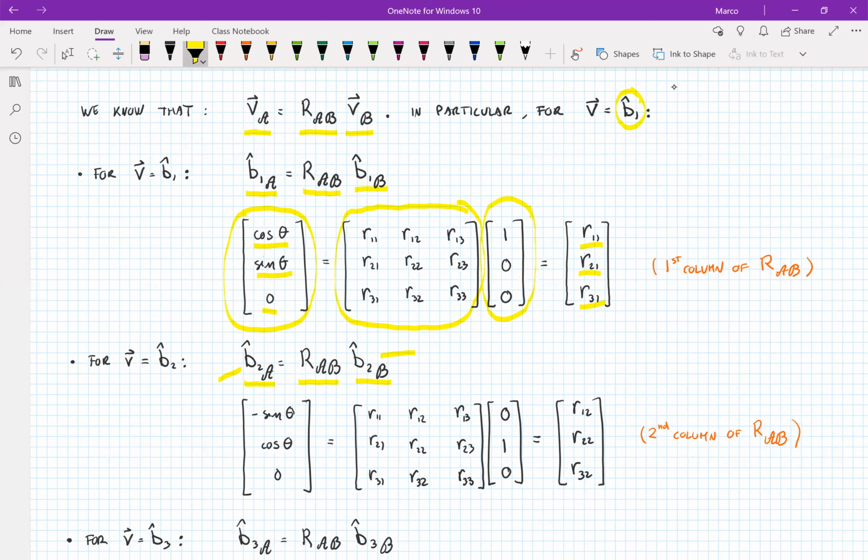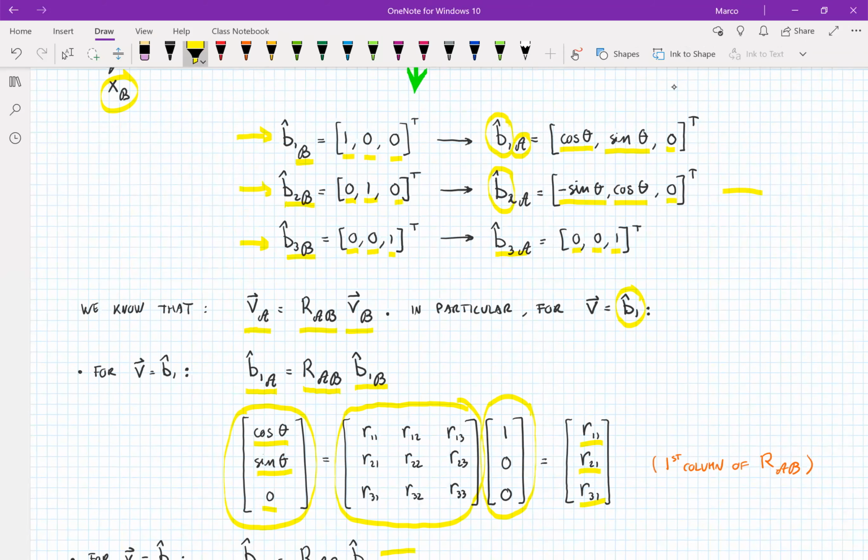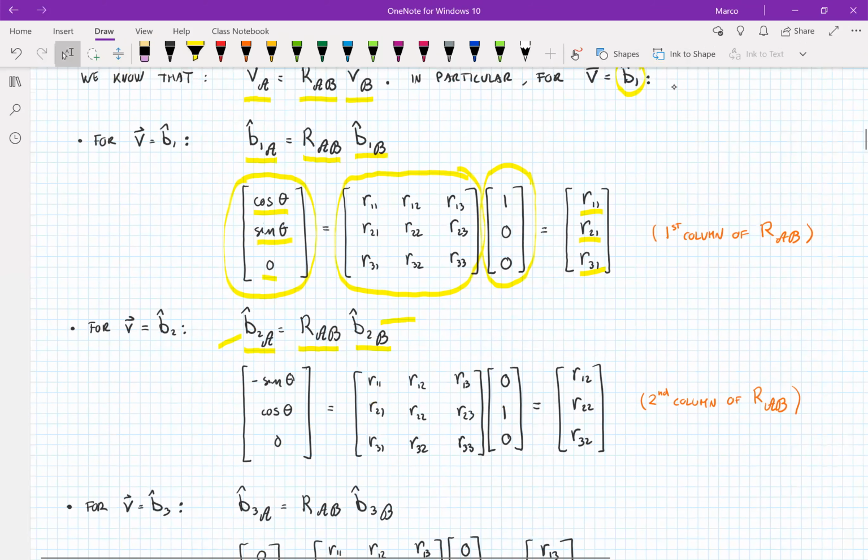B2 expressed in the A coordinates is what we saw over here: minus sine of theta, cosine of theta, and 0, which is equal to our rotation matrix times B2 expressed in the B coordinates, which is simply 0, 1, 0. And so, as we did for B1, for B2 we get the second column of RAB.